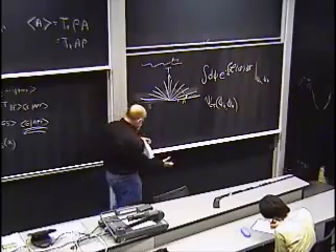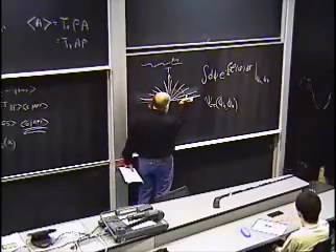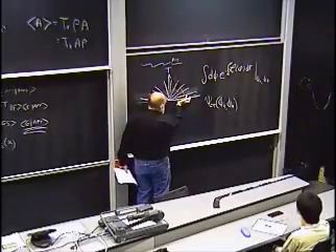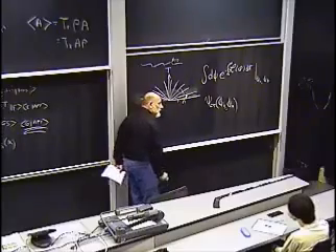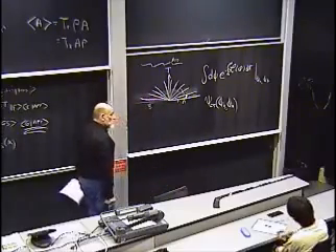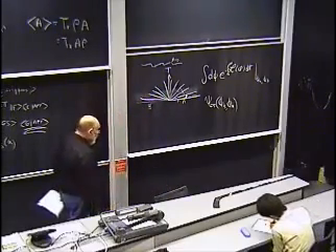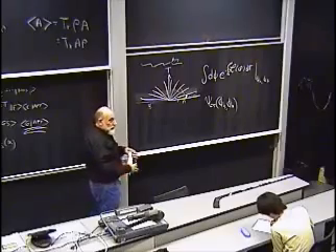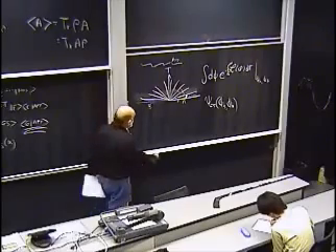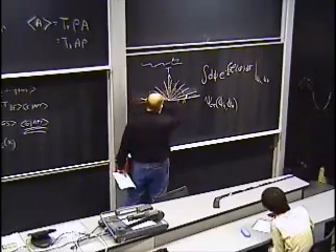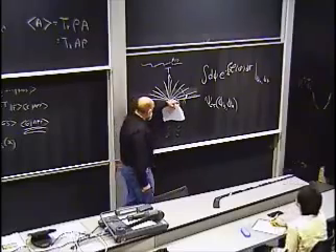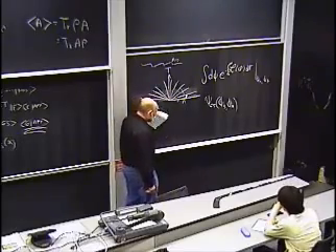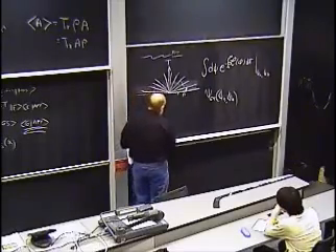So the generator of these rotations in Euclidean space, which rotate you from one omega to another, is nothing but the Rindler Hamiltonian. We don't propagate the system in real Rindler time. We propagate the system in imaginary Rindler time, and imaginary Rindler time means angle. So we can rewrite this.